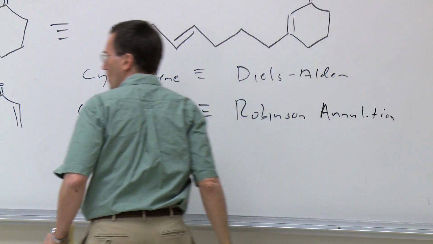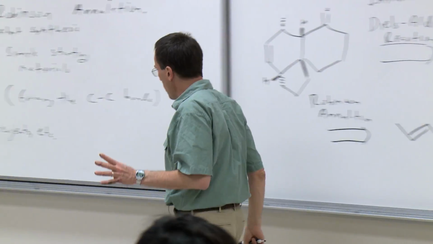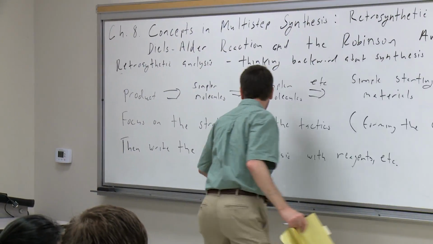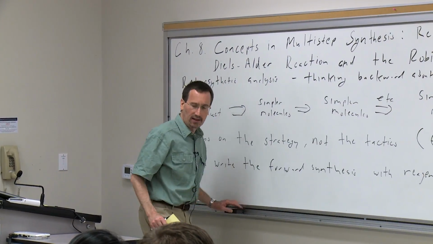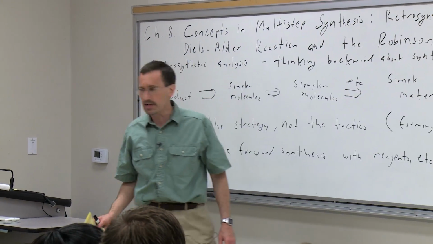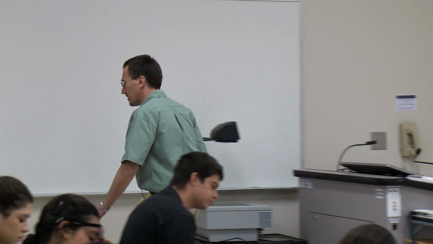And in this week's homework, you have another cyclohexenone, as you did in last week's homework, that lends itself very nicely to coming from a Robinson annulation.